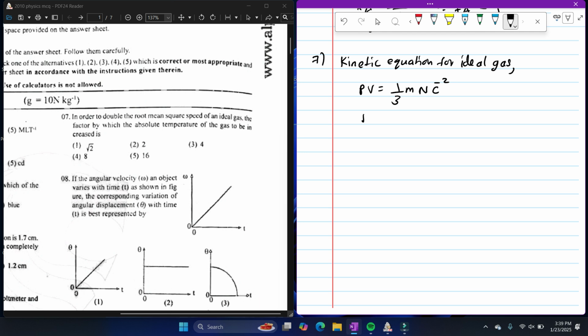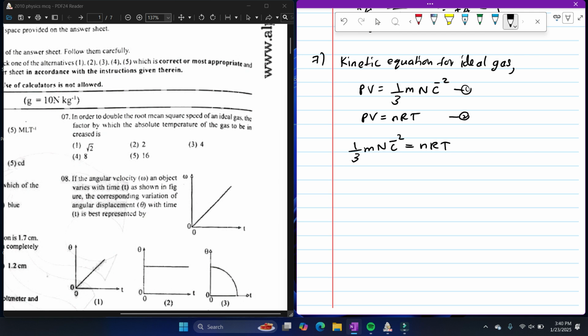So we have another equation for ideal gas, PV equals nRT. Let's consider them as 1 and 2. Here you can see that 1 over 3 mNc bar squared equals nRT.